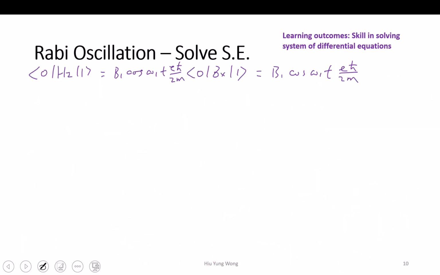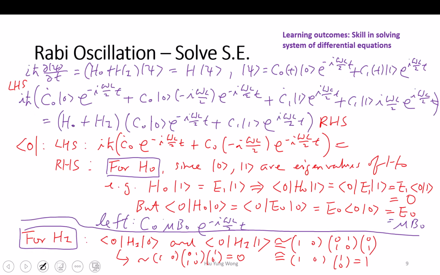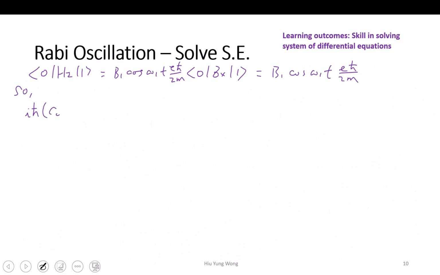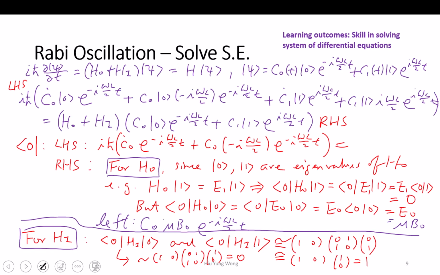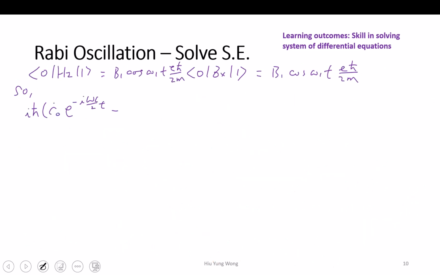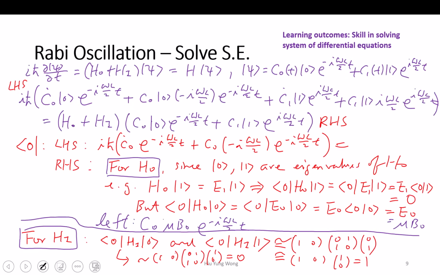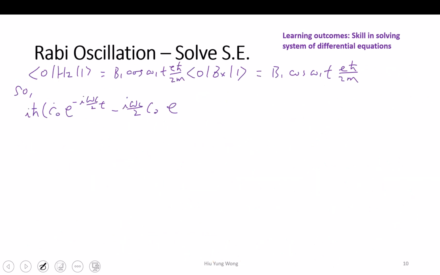This is iħ times C0 dot, e to the power negative iω_L/2 t, minus iω_L/2 C0, e to the power negative iω_L/2 t.